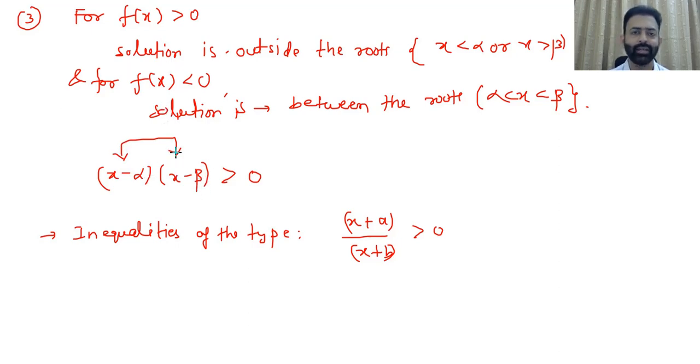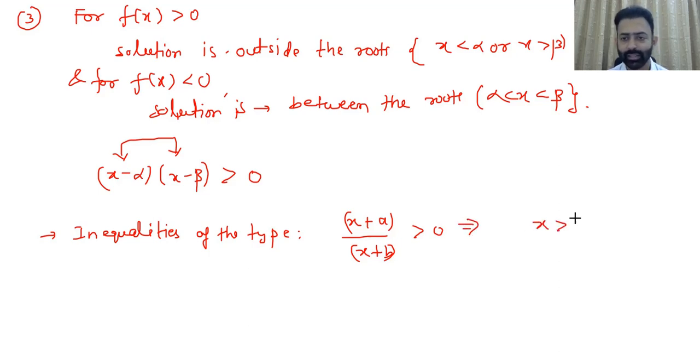The same result can be applied for the two numbers which are in division, because division of two positive numbers will give you a positive value, and division of two negative numbers also gives you positive values. So this solution is also valid for inequalities of the type (x plus a) upon (x plus b). So the solution set for greater than 0 is again outside the roots.